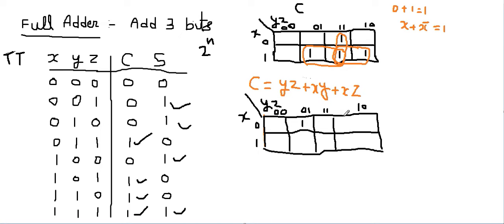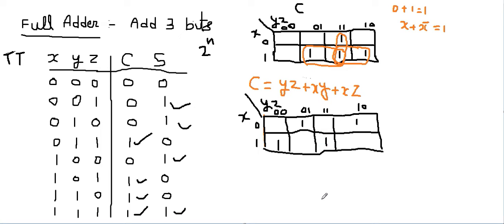Then we have this one. Here we have x 1 and yz is 0 0. In this cell we will place 1. And for this one we have x, y and z, all the 3 variables are 1. So here in this cell we will place 1, right?